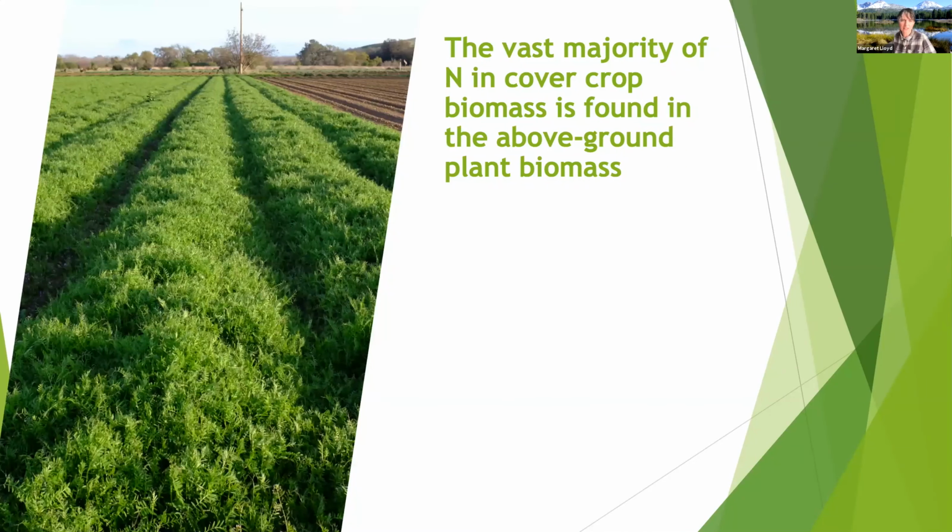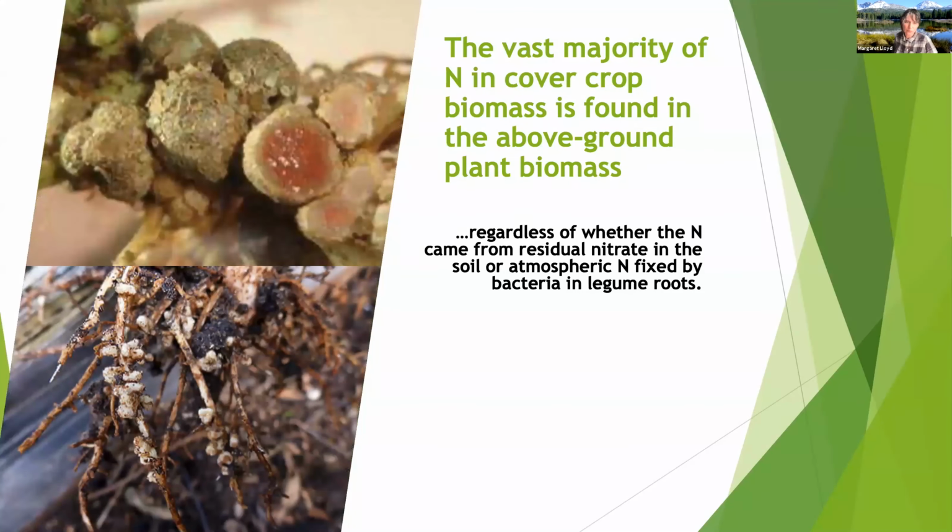Now thinking about legumes. The vast majority of N in the cover crop is in the above ground biomass. And this is regardless of whether the nitrogen is coming from residual soil nitrate in the soil, or if it's fixed from the atmosphere by the bacteria in legume roots.